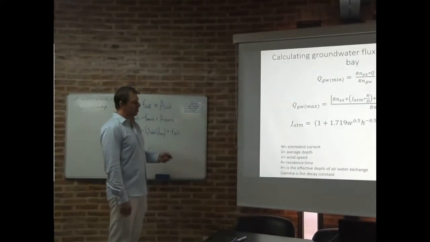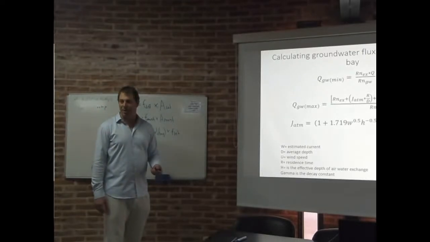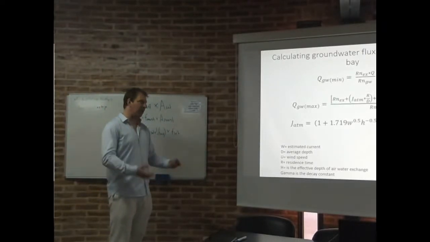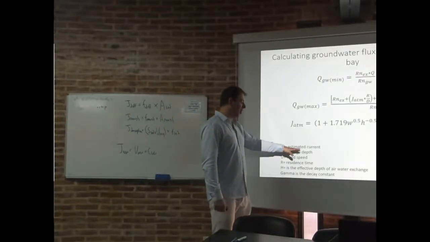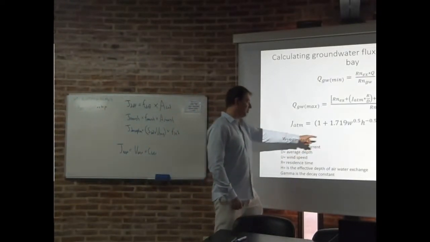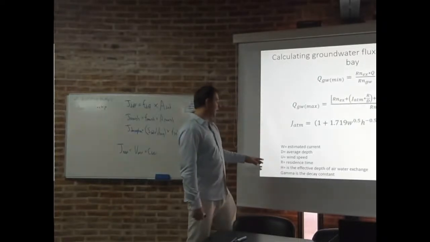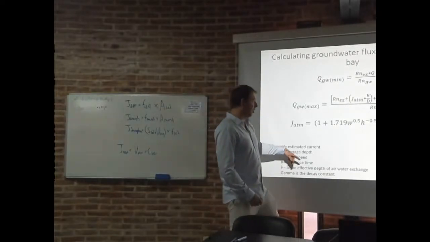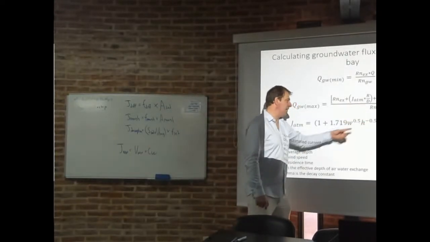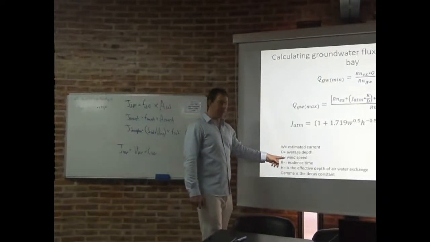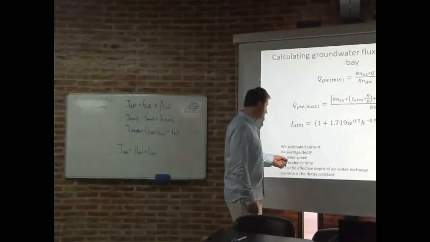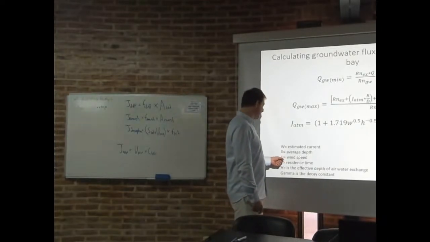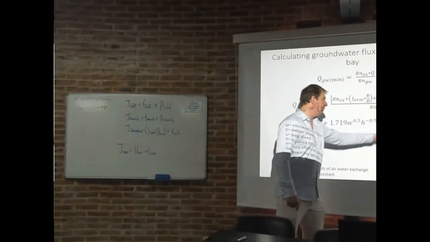It looks a little bit complicated, but it's really just a plugging in numbers issue. If you know your current, you just plug that in here. If you know your depth of the water, you plug that in here and here. Your wind speed you can measure or get from the weather system nearby, and that gets plugged in here.